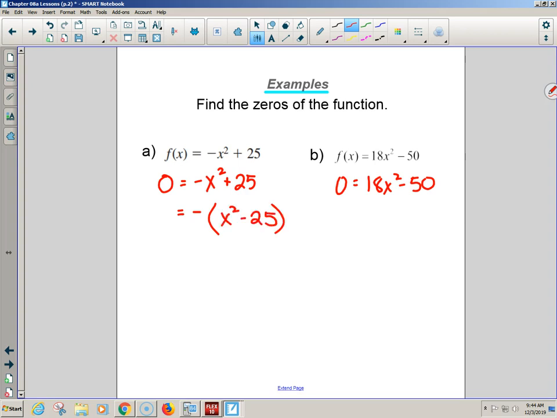Who does this look like now from last chapter? X squared minus 25? Wasn't that one of those special ones? When you went to factor an a squared minus b squared, does anybody know how to factor that?